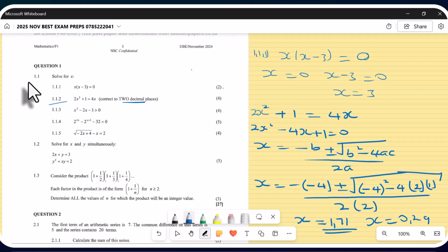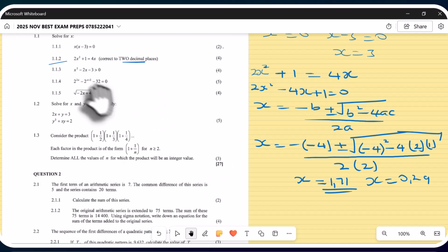Okay, we are still continuing here. Then they say here now 1.1.3, we are having this one here, it is an inequality. So we have x squared minus 2x minus 3 bigger than 0. Now inequality, we're going to have a set of solutions, okay? Now what we do here, we're going to find our critical values.